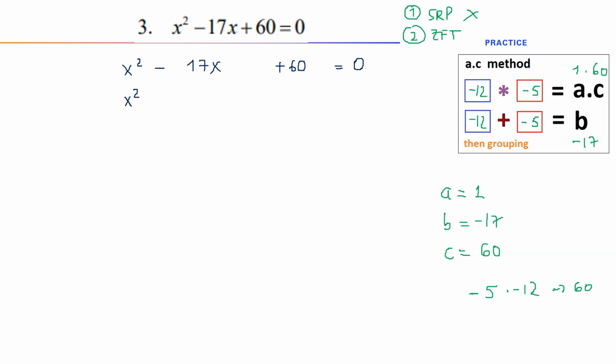Rewrite one more time, x squared, and now negative 17x we'll rewrite as negative 12x minus 5x plus 60. And that can be factored by grouping, right?